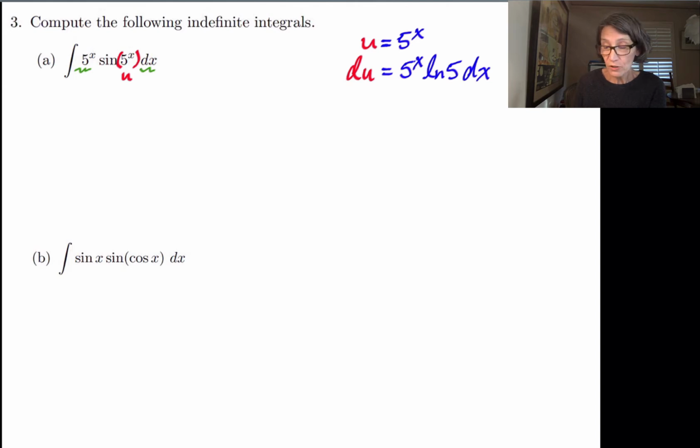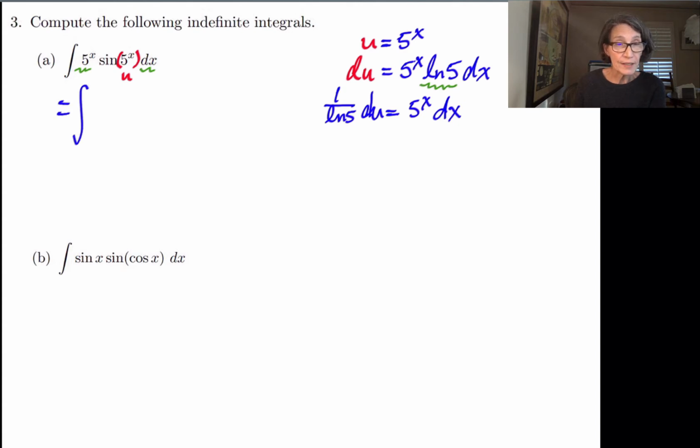So we go back to our differential, and we just divide both sides of the equation by the natural log of 5. So we get 1 over natural log of 5 times du is equal to 5 to the x times dx. And now we can get rid of all the x's and dx's in our integral and just be left with u's and du's. So let's go back and make the substitution.